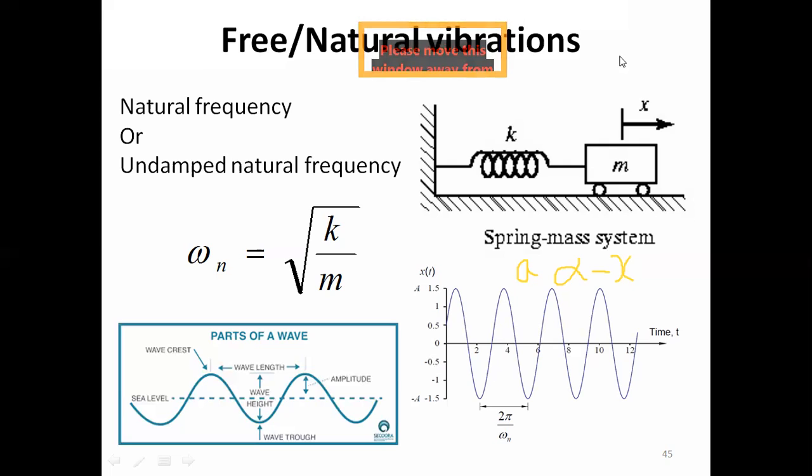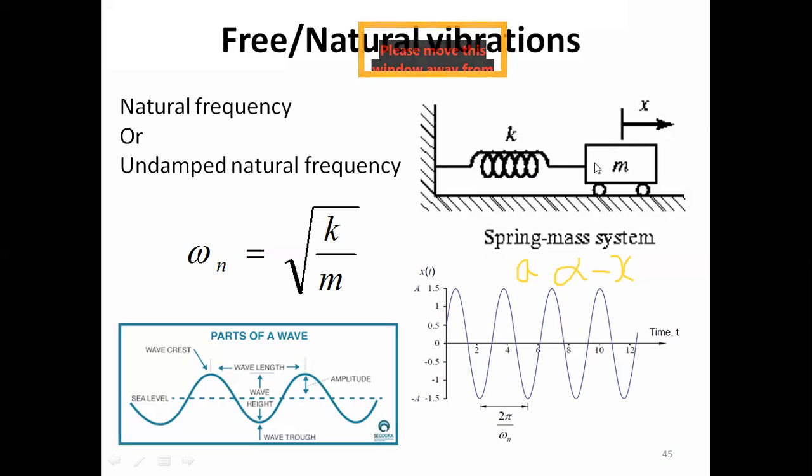So we would have a mean position. Let's say it is the mean position about which this mass is vibrating. This mass would move in that direction and reach the extreme position. So here we would have, let's say, the positive extreme position, and then from there it would stop and return towards its mean position because of the spring.